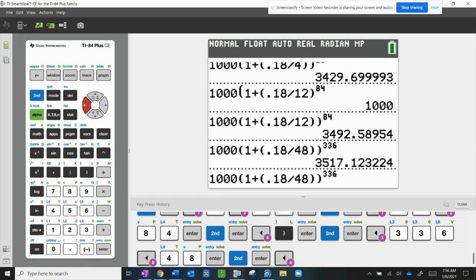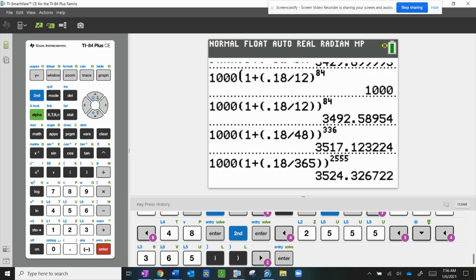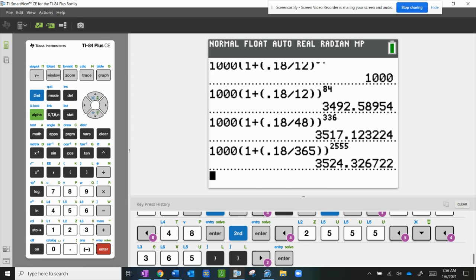I'm going to say 2,555, and then this is going to be 365. Okay, enter, and it looks like $3,524.33.